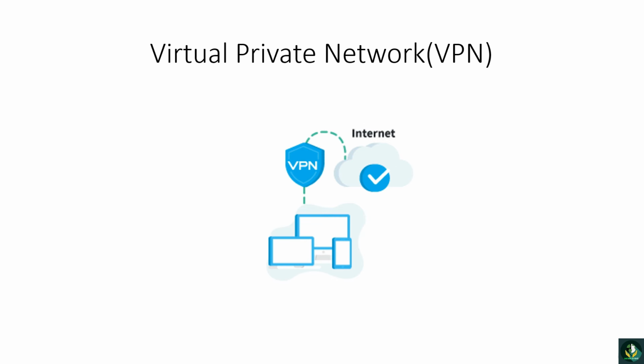A VPN creates a secure tunnel between your device, like a smartphone, laptop, or PC, and the internet. The VPN allows you to send your data via an encrypted secure connection to an external server, which is the VPN server. From there your data will be sent onward to its destination on the internet.